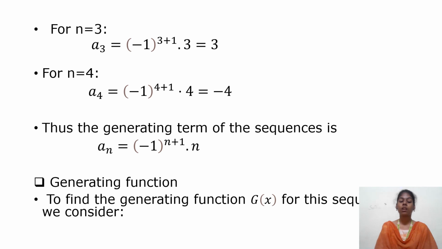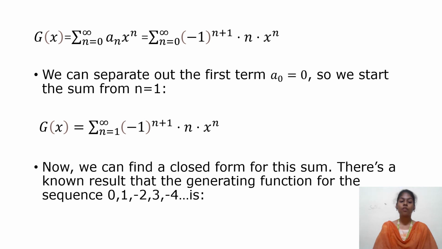Generating function. To find the generating function G(x) for the sequence, we will consider G(x) = summation n = 0 to infinity of a_n x^n = summation n = 0 to infinity of (-1)^(n+1) times n times x^n.